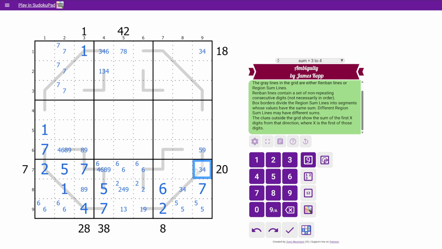If this was a 4, could it have an 8 with it? It would need 8 more. Could not be a 6-2, could not be a 5-3, could not be a... So no.